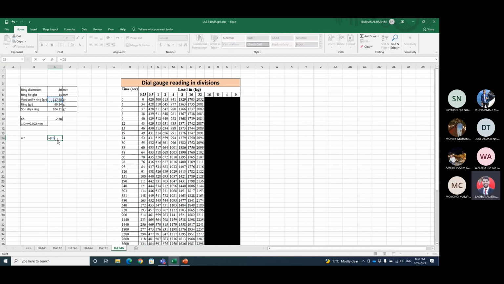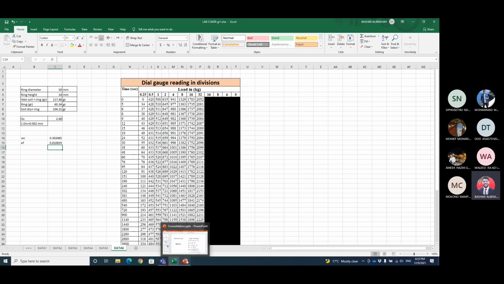So I will subtract the mass of dry soil from wet soil, and the rings will cancel each other, okay? Divided by mass of dry soil. Okay, so I got my water content, and we know that the final void ratio is the water content times the specific gravity.